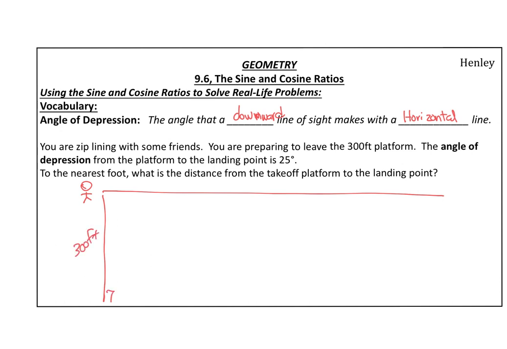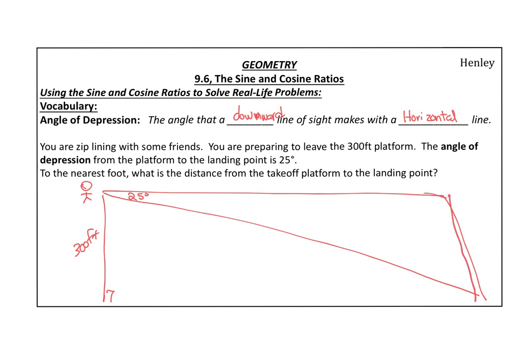Got our right angle. To the nearest foot, what is the distance from the takeoff platform to the landing point? The landing point has an angle of depression of 25 degrees. We'll pretend that that's a right angle. So this is 25 degrees.